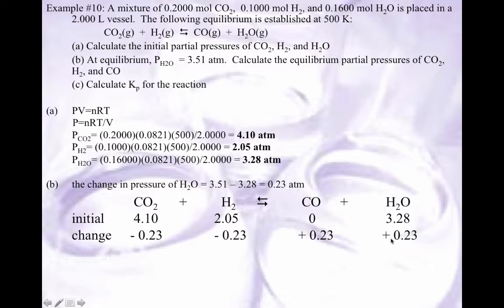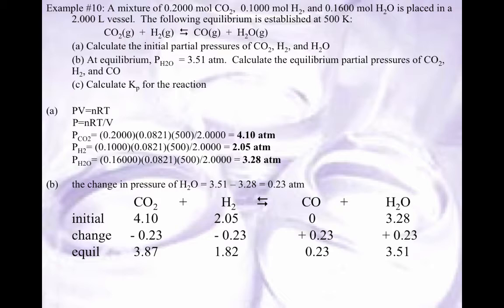Change. Well, we know that we gained 0.23 ATM of H2O. Because it's all a 1 to 1 to 1 to 1 ratio, it's all going to be 0.23. The only difference is your products you add to and your reactants you subtract from. So we add 0.23 ATM to our products, we subtract 0.23 ATM from our reactants, and let's find our equilibrium amounts now.